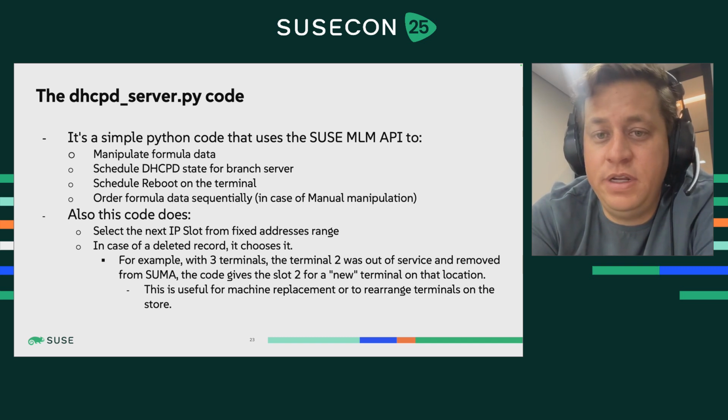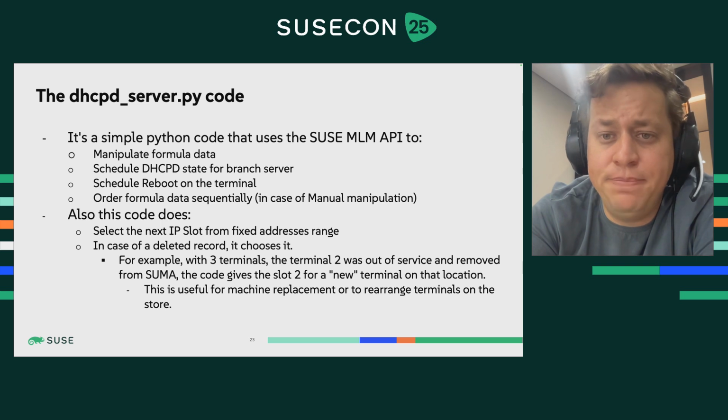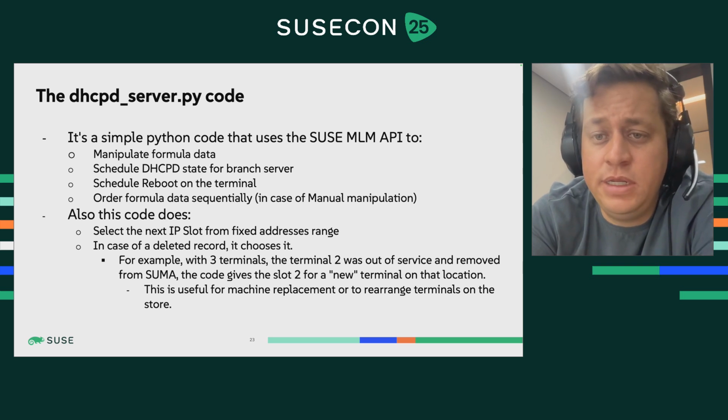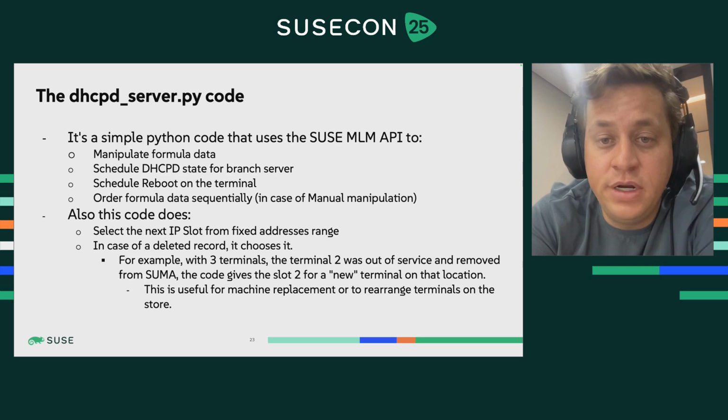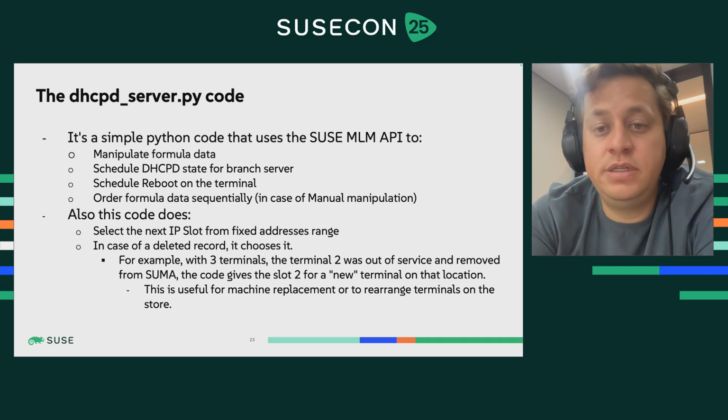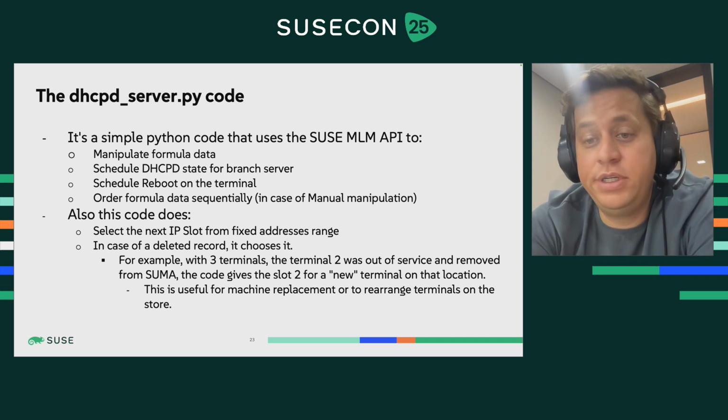Okay, so these scripts basically do the following. It gets the formula data for the branch server of the terminal, and it chooses a name and IP for the terminal, and then later it schedules a DHCPD state for the branch server to ensure these changes are applied to the branch server, and then it schedules a reboot on the terminal to apply the new configurations.